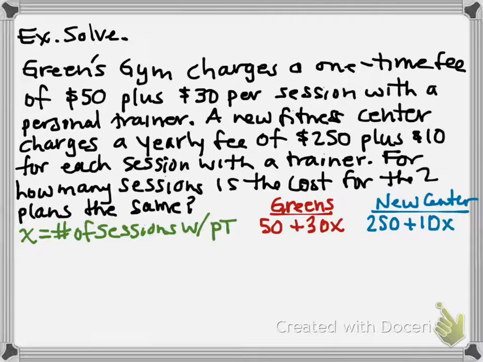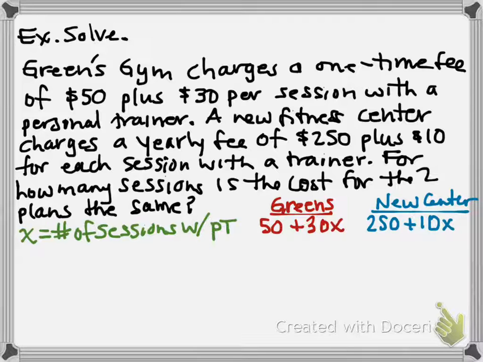The question says, when is the cost the same? So what is it telling us to do with those two separate costs, the one for Green's Gym and the one for the new center? What does it mean, the same? How would we translate that?